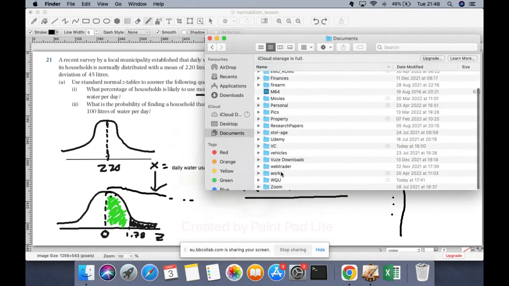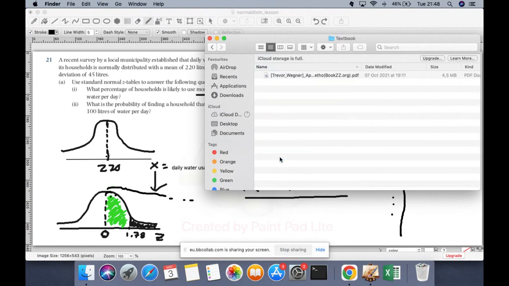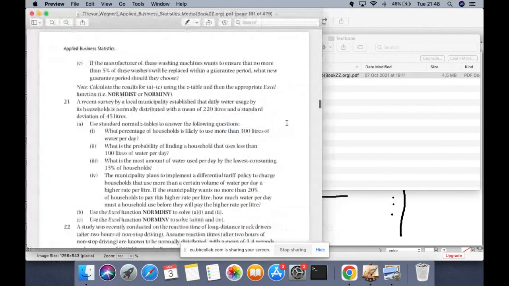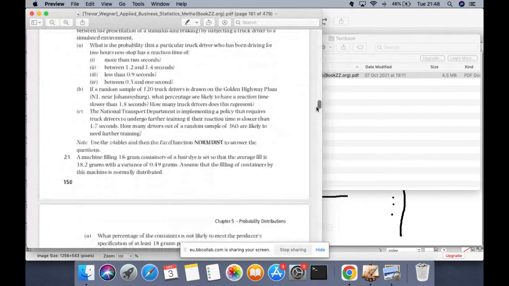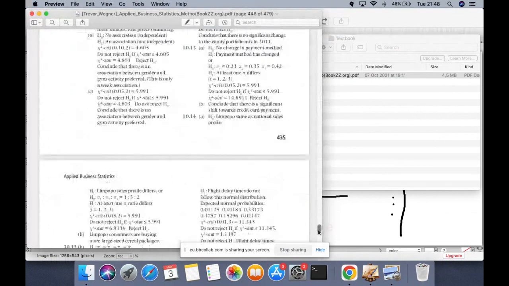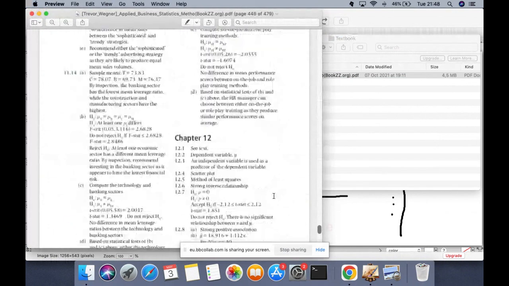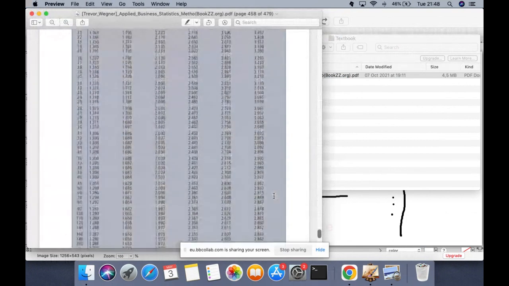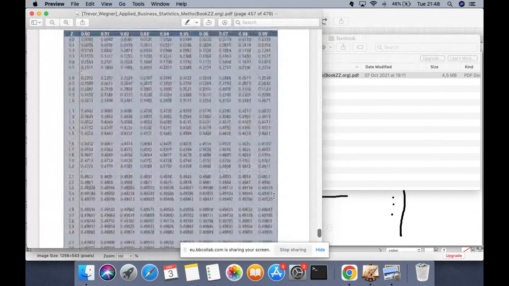Give me a second. Okay, I'm going to find this table towards the end of your textbook, but remember in the assignment and the exam they should give you these tables. And there we go, I've paused it.